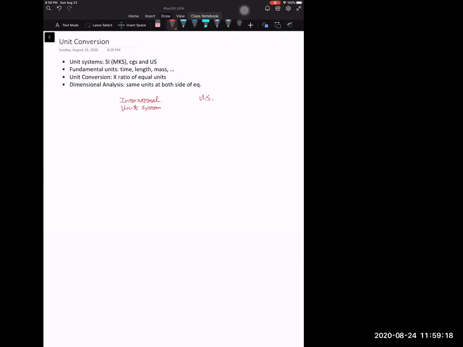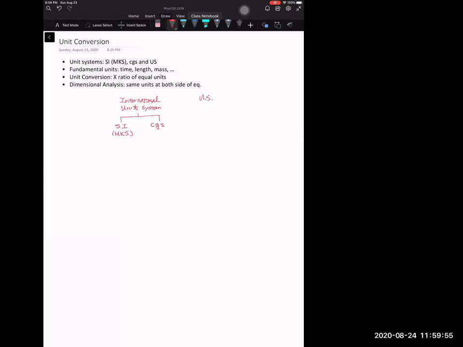In the States, our unit system is a little bit different. So what is the international unit system? The international unit system basically has two subcategories. One is what we call the SI unit, and the other one is what we call the CGS. The SI unit is also known as the MKS unit system.